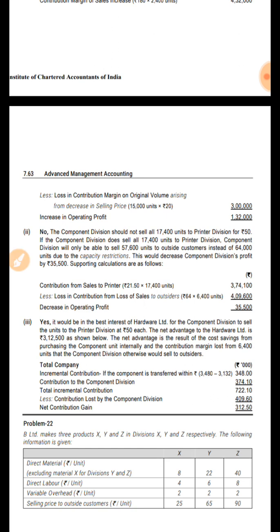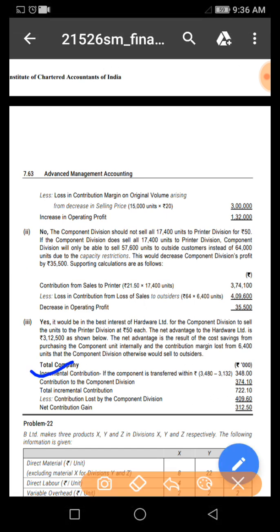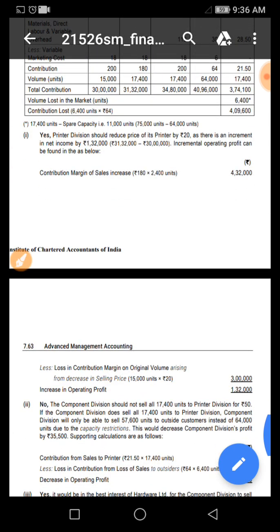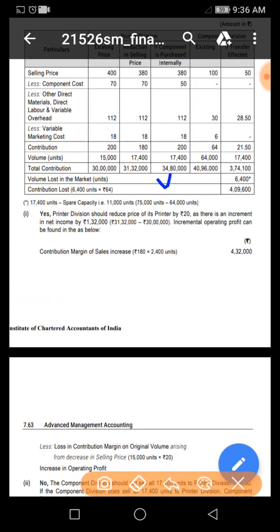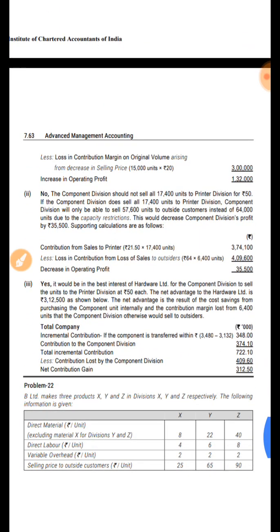So see, the incremental contribution if the component is transferred within: 3480 minus 3132, this one only, 3,48,000, and contribution to the component division 3,74,100. So the total incremental contribution is 7,22,100.